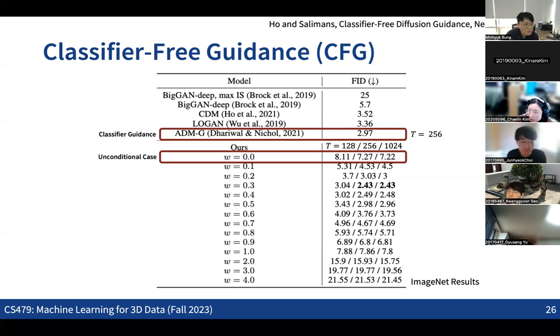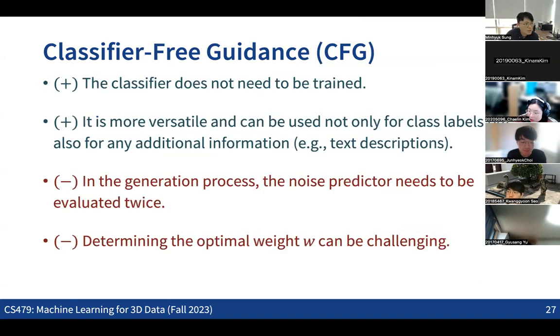The pros and cons of classifier-free guidance: it's a very general idea in that you can feed any kind of extra information. It doesn't need to be class labels, but can be any information associated with the data that you are generating.